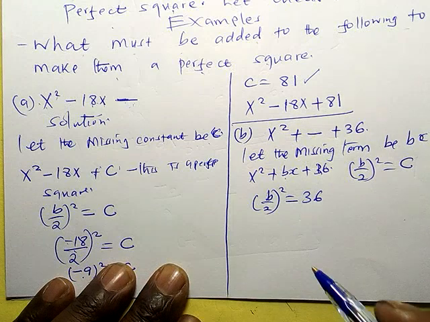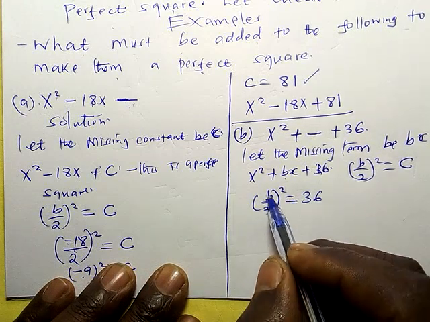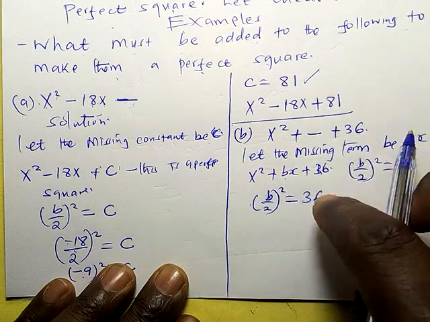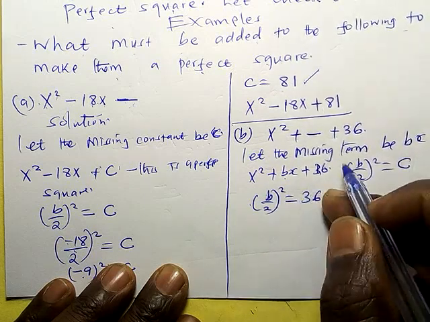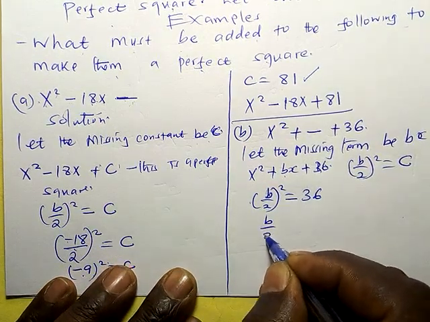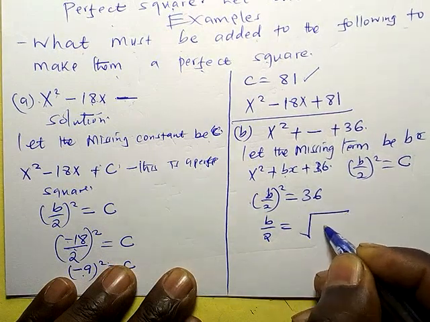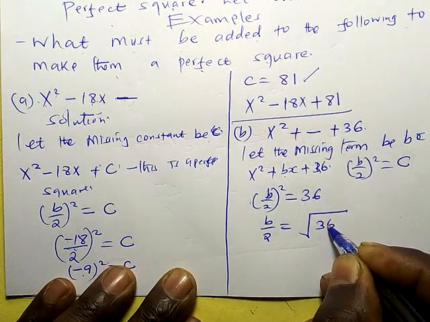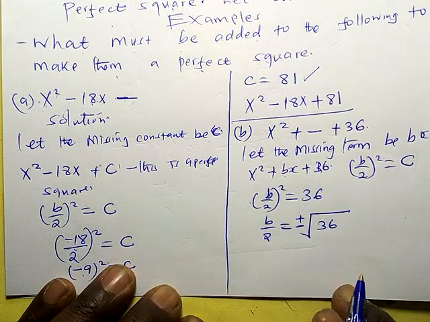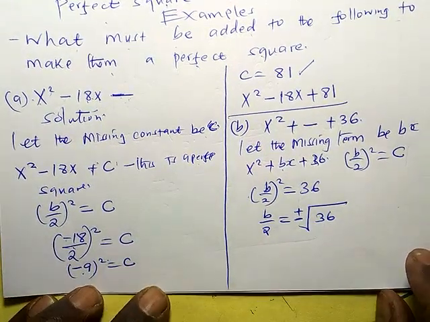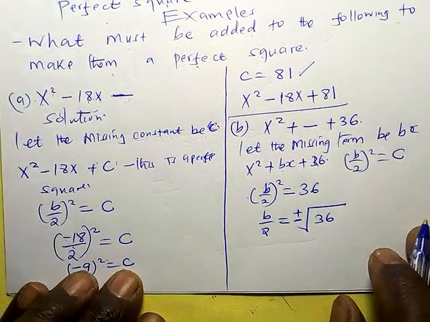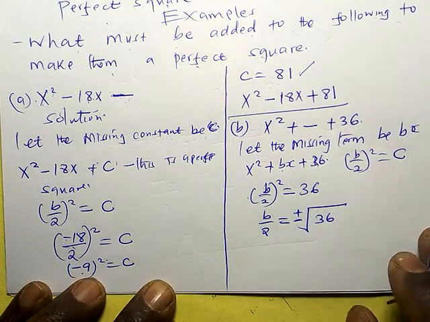Now here, we need to get our b. b is squared. So to remove this square here, we square root 36 to get b divided by 2. So b divided by 2 equal to the square root of 36. But once you have squared here, always remember to put positive or negative, especially when you are dealing with quadratic expressions or equations.